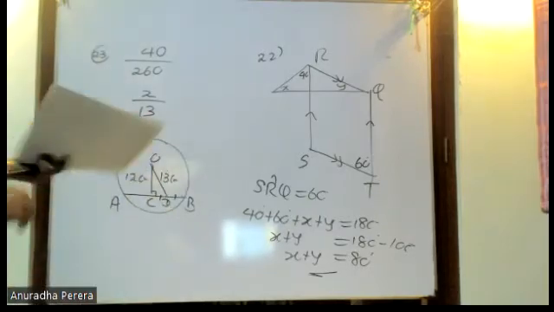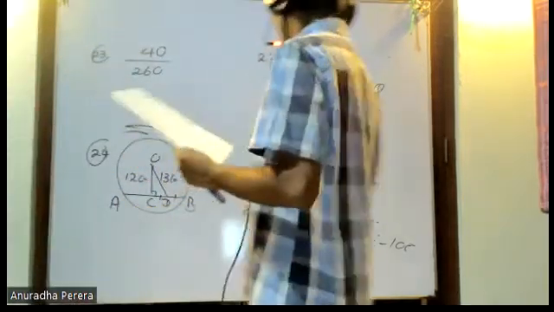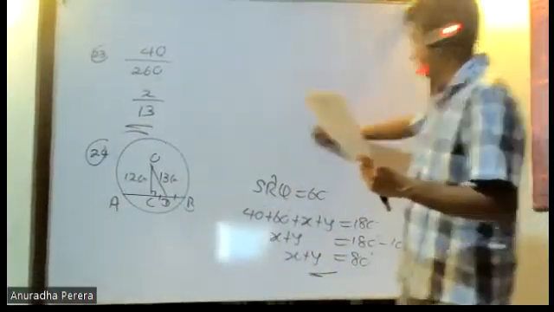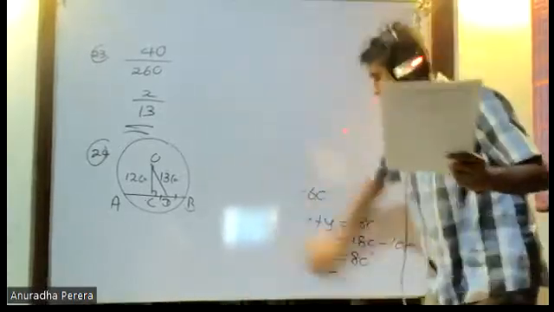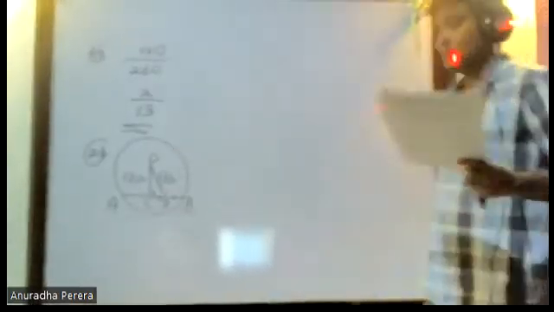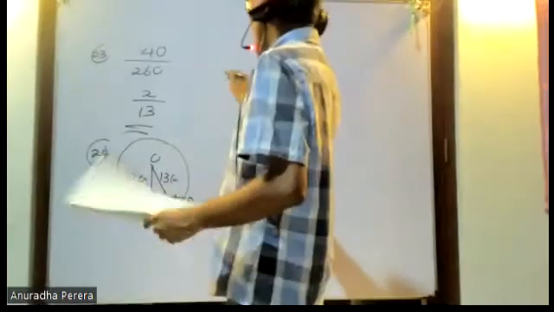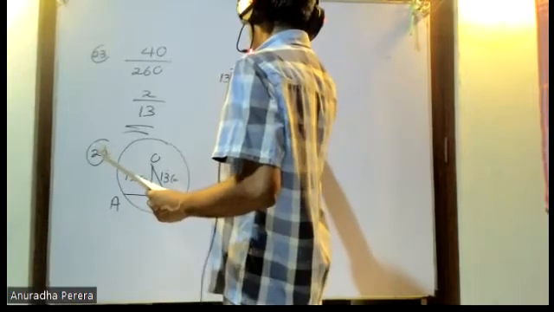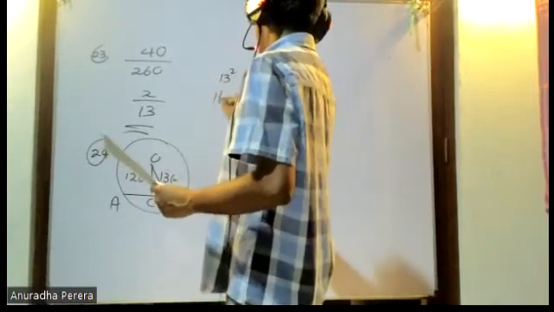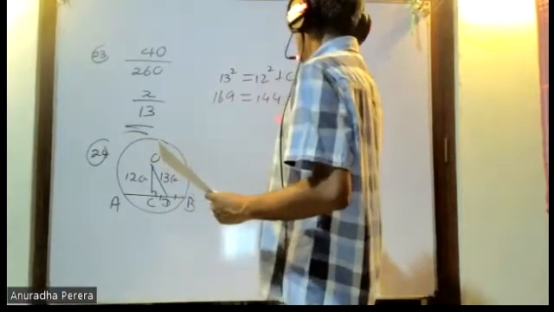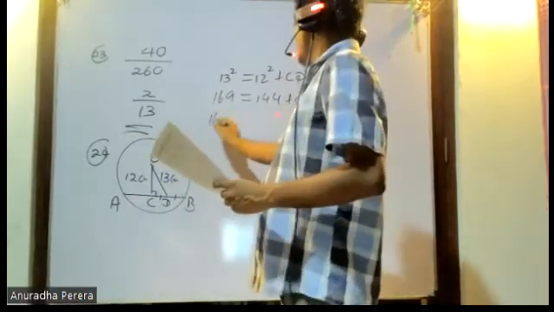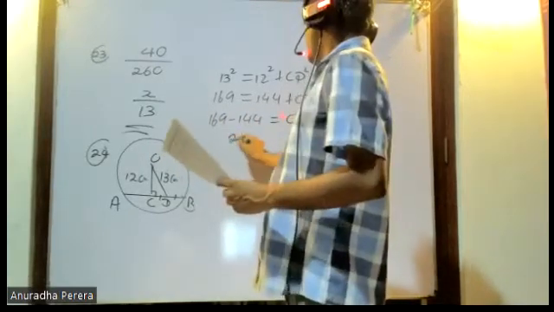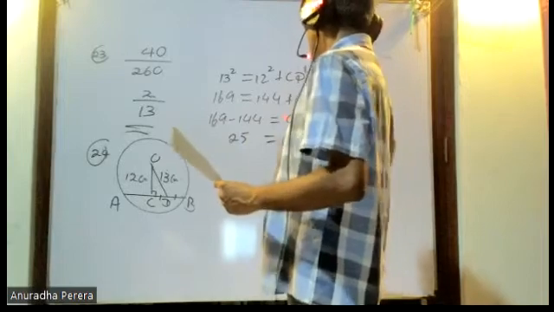CD by using the Pythagoras relationship. 13 squared equals 12 squared plus CD squared. 169, 144. CD squared equals 169 minus 144, which is 25. And CD equals 5 cm.